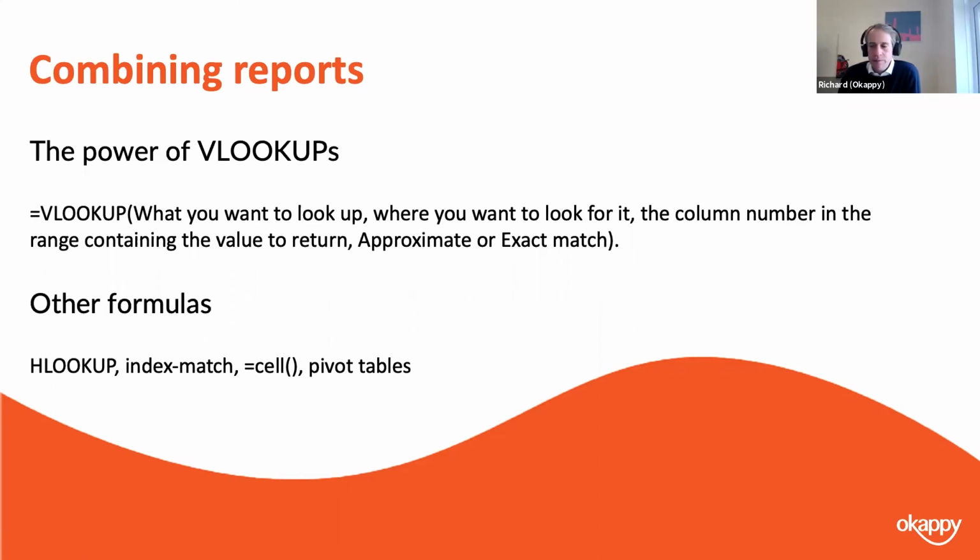Equal cell again can pull information from one to the other. And pivot tables as well. If we get time, I'll show you in the dashboard section, but they're quite useful to get, for example, invoices raised per customer, total amount of invoices raised, total amount of jobs done. But I'll show you some examples of that when we get to the dashboard.